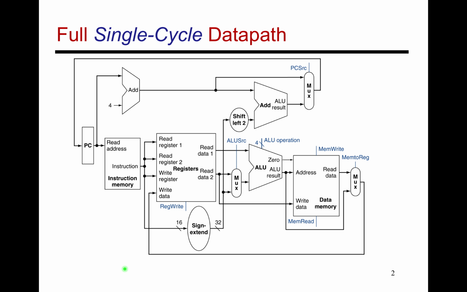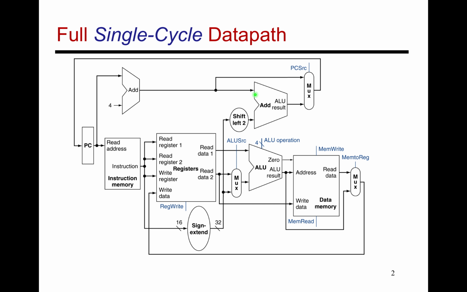Now, this data path, if you remember, basically consists of a bunch of registers or flip-flops. We implement the registers as flip-flops, sequential logic. Around this sequential logic is a bunch of combinational logic that reads data from the flip-flops, performs some operations on them, goes to the memory and accesses the memory if need be, and finally writes the results back into the registers.